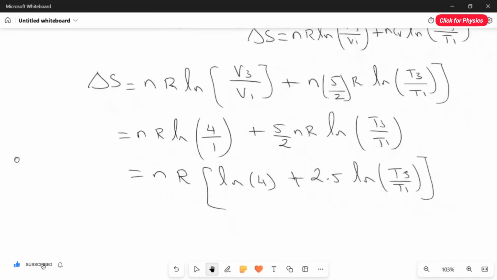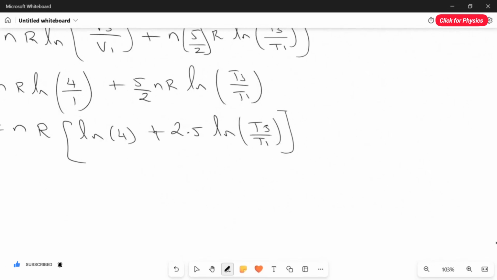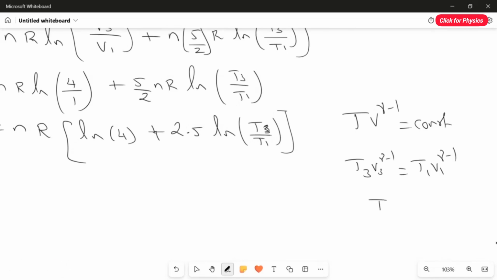Now we have to apply the relation between temperature and volume: T V to the power gamma minus 1 is equal to a constant. Applying this for point 3 and point 1, T3 V3 gamma minus 1 equals T1 V1 gamma minus 1. So T3 equals T1 times V1 over V3, the whole to the power gamma minus 1. Now I'm going to substitute this T3 here.